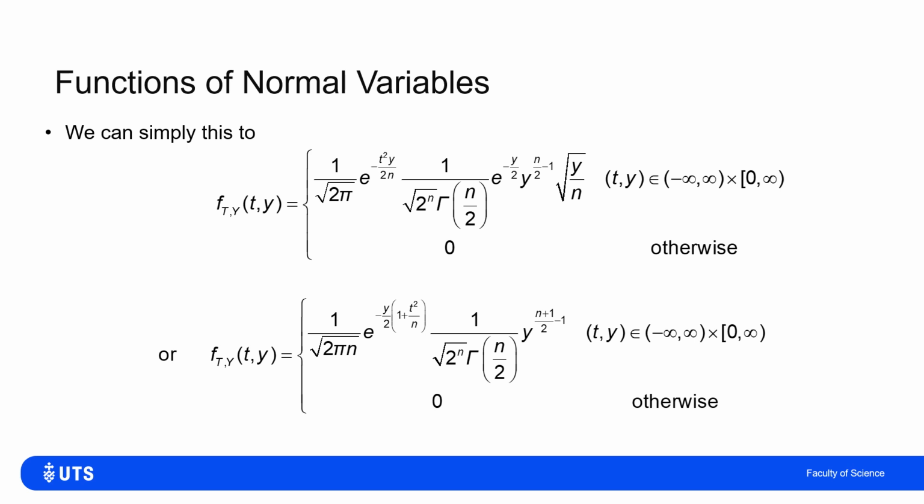This is not quite as easy as that. I'm going to need to integrate out the y to get rid of that from the joint density function, to get the marginal distribution of t, when all I care about is t.